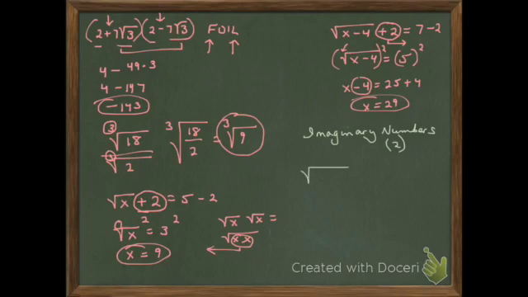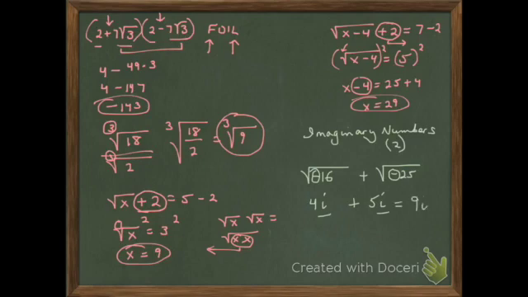If I have the square root of negative 16 plus the square root of negative 25, the square root of a negative is i. This is the same as 4i. This is the same as 5i. If they have the same thing there, then that's just 9i.